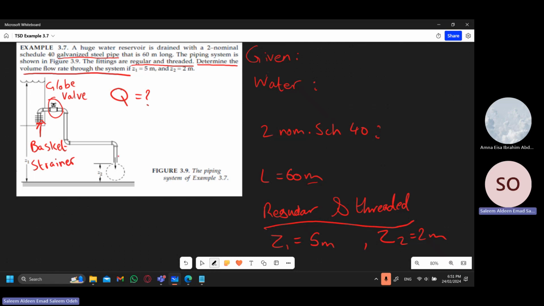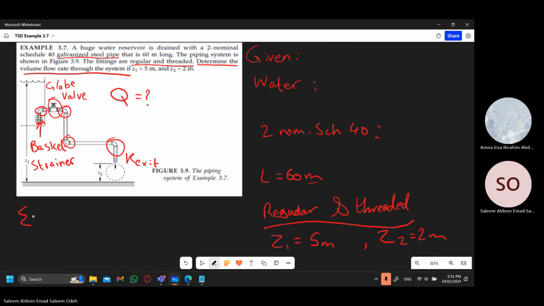Now here, the piping system ends to the outside. There isn't anything containing it. So we will also take the K value of the exit and the K value of the four elbows found here.